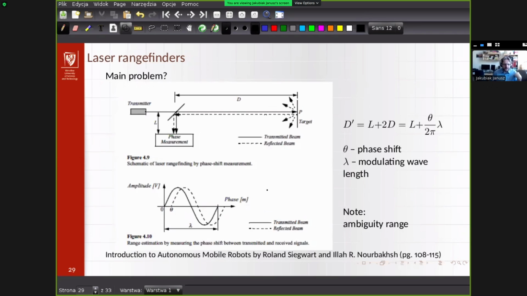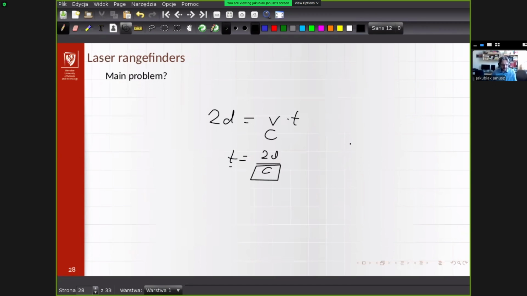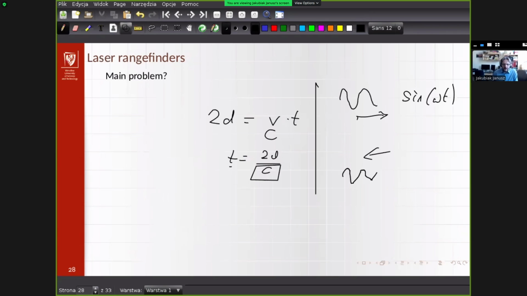You can also use the approach with the phase shift. What is a phase shift? Just before returning to the proper formulas, a simple idea. When you send a beam like a sinusoid wave of a certain frequency, it goes to the objects and then it returns, but it returns a little bit shifted in time.